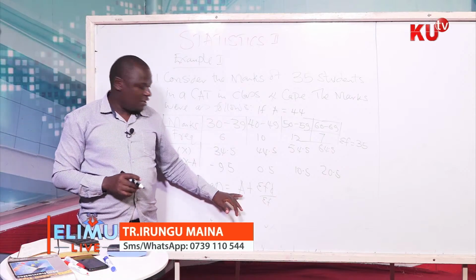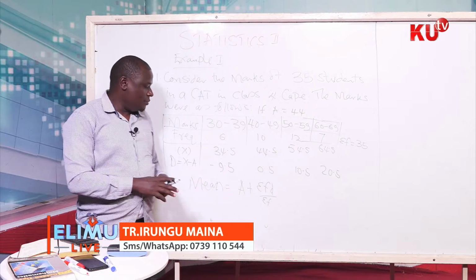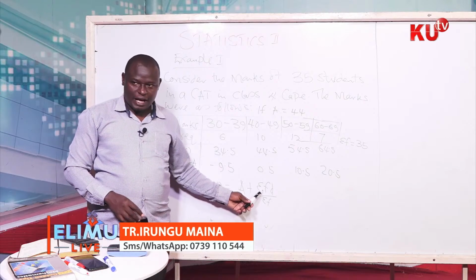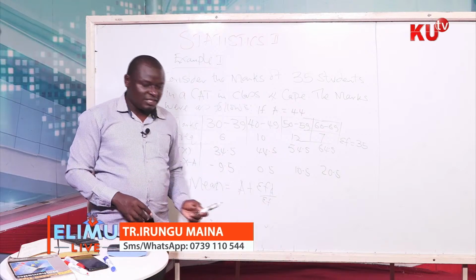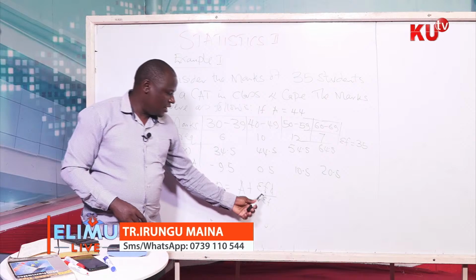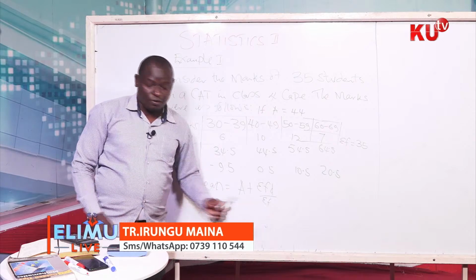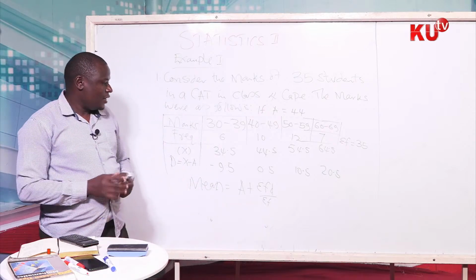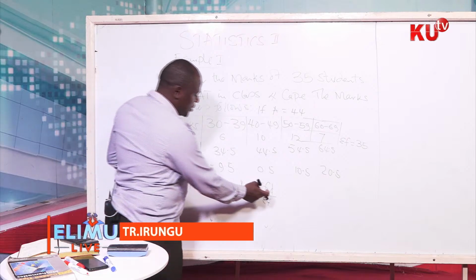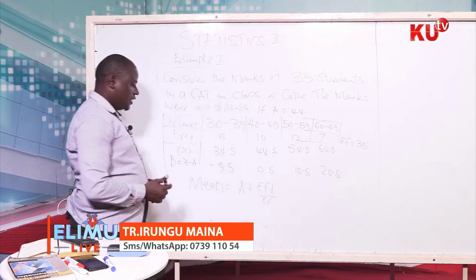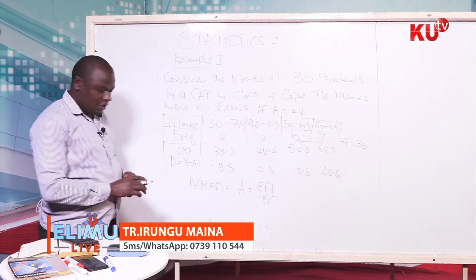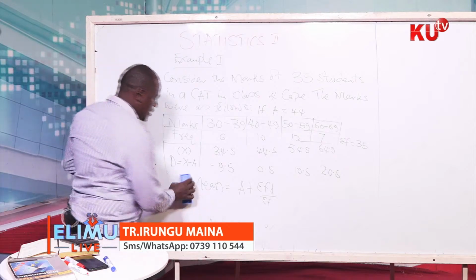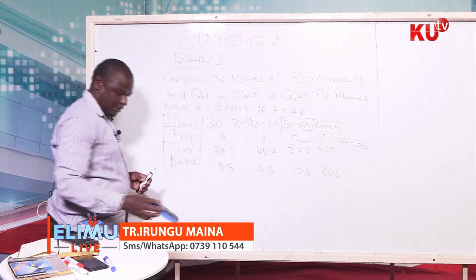Mean is given by assumed mean plus summation of frequency times deviation, FD, divided by summation of frequency. So we need now to get summation of FD. It means that we need another column called FD.